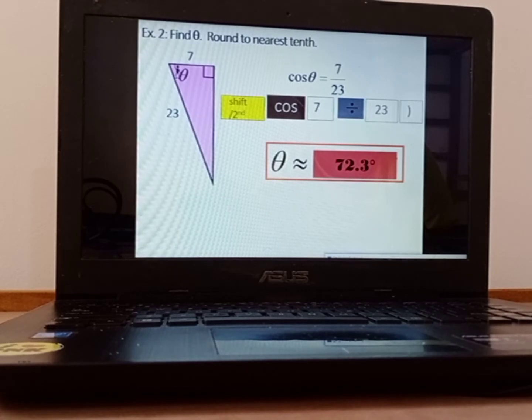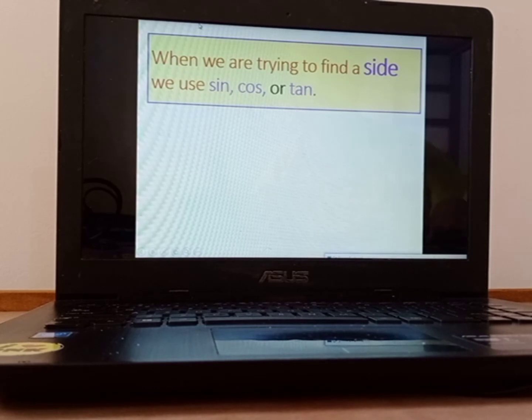Okay, and for more clarification so that you will not be confused, class, when we are trying to find the side of our triangle, we will have to use the sine function, the cosine function, or the tangent function depending on the given. You will apply the sine function if the given is opposite and the hypotenuse, SOHCAHTOA. If the given is adjacent and hypotenuse, we apply the cosine function.